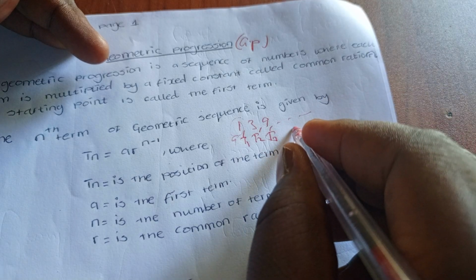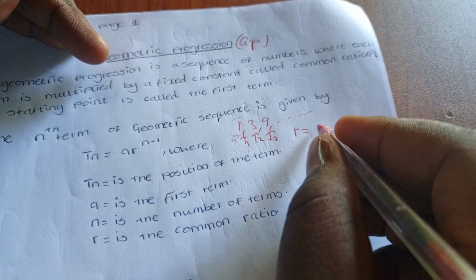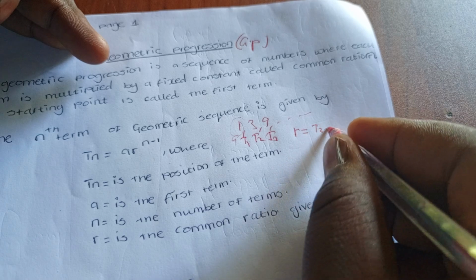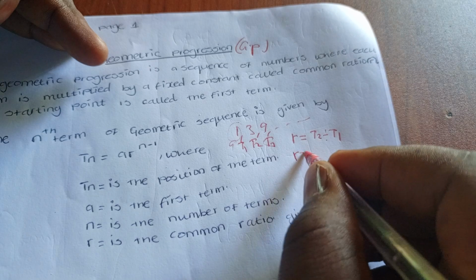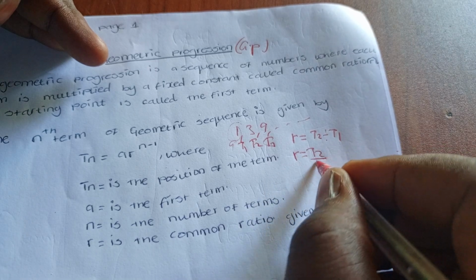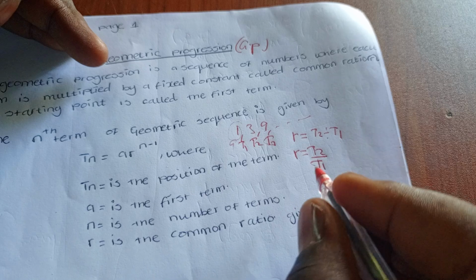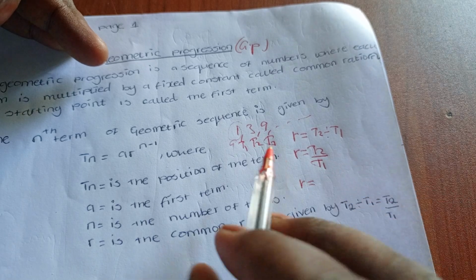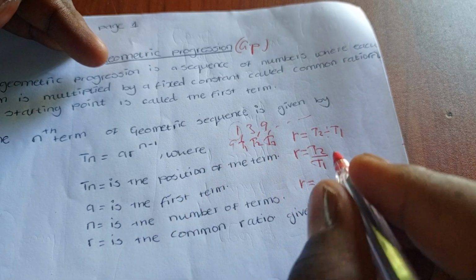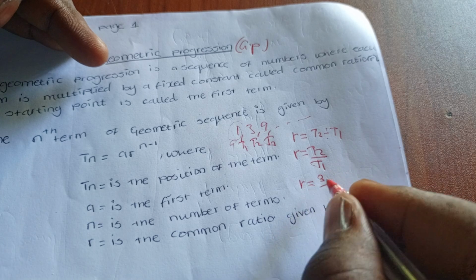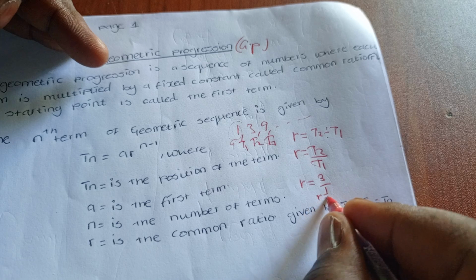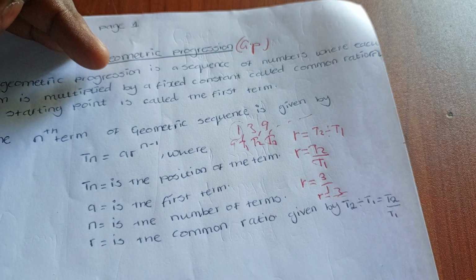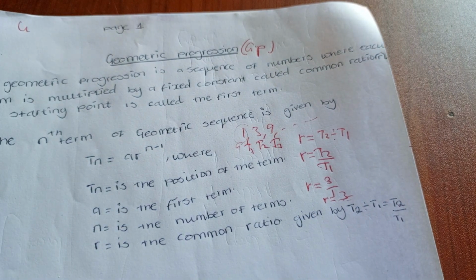So here we'll divide now. R, the common ratio, is equal to T2 divided by T1, so R is equal to T2 over T1. T2 is 3, over T1 which is 1. So my R is equal to 3.